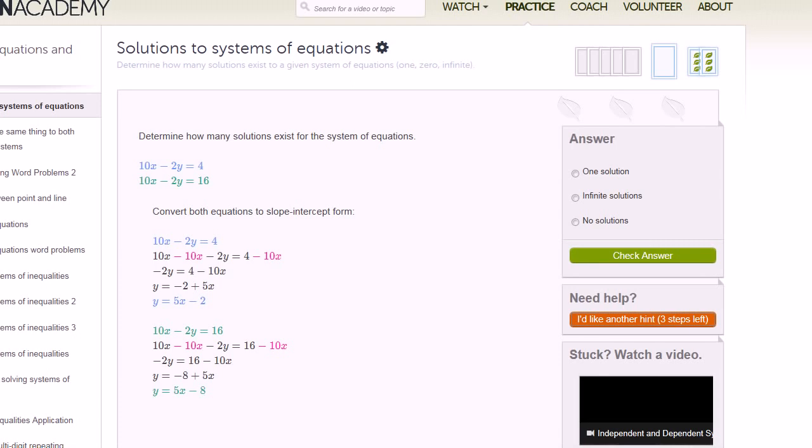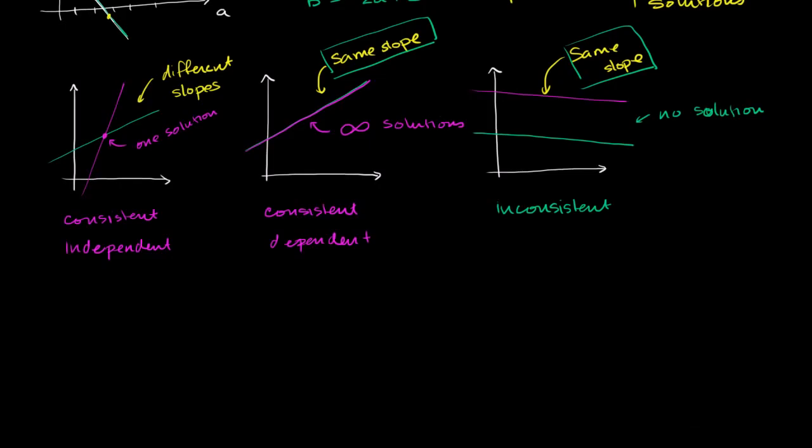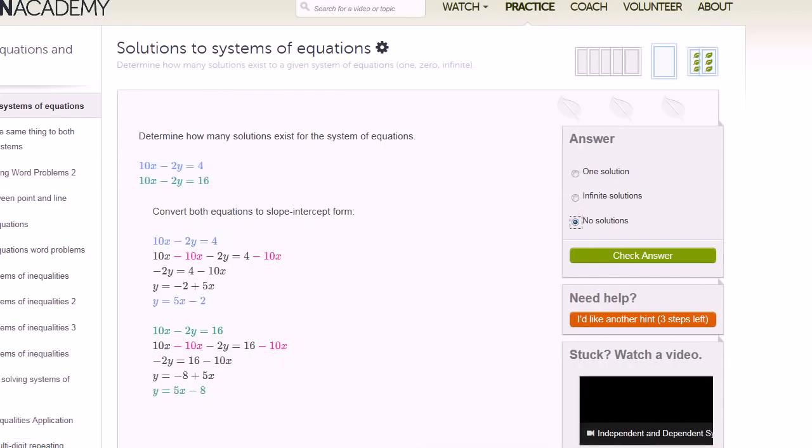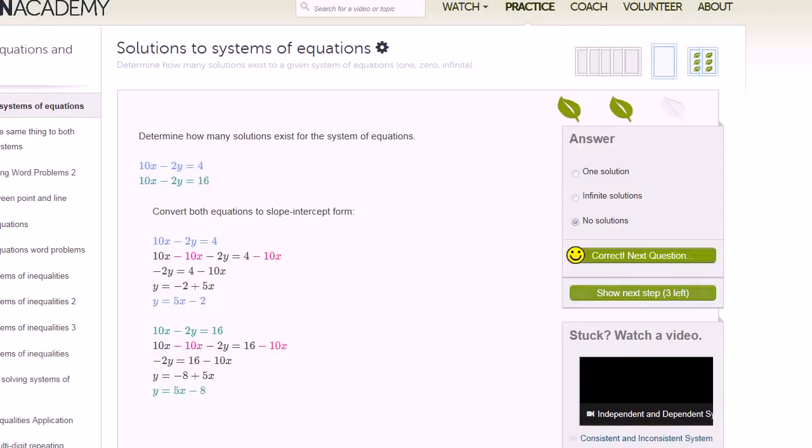Same slope, same ratio between the x's and the y's, but you have different y-intercepts. So here you have no solutions. That is this scenario right over here if you were to graph it. Check our answer. Let's go to the next question.